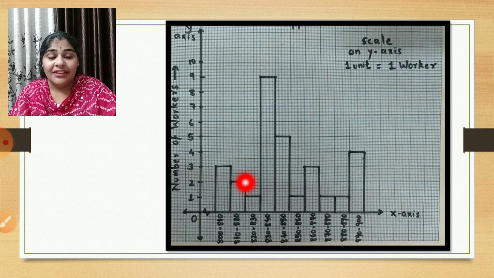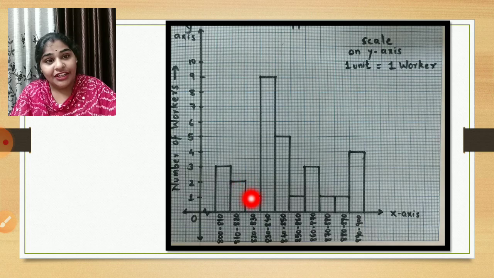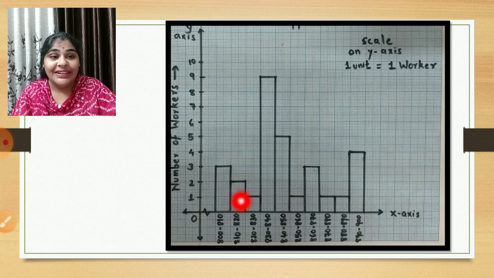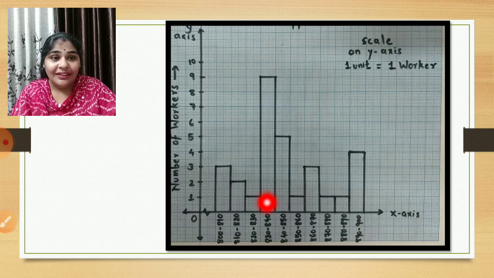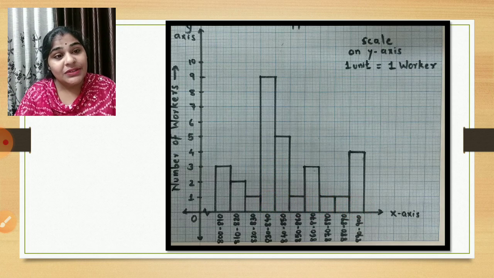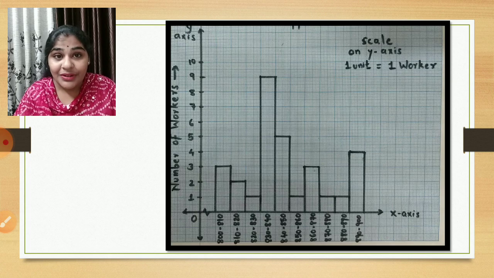And similarly, without any gaps, continuously we will take our class intervals. That is, in the next column it is 810 to 820, 820 to 830, 830 to 840 and so on till the last class interval, that is 890 to 900.